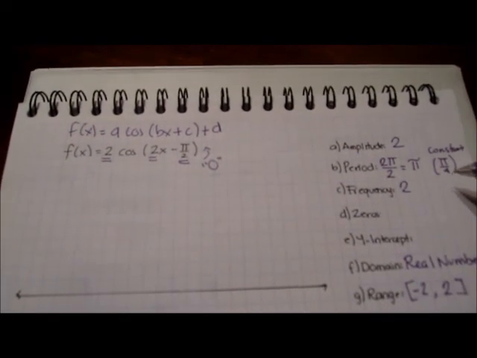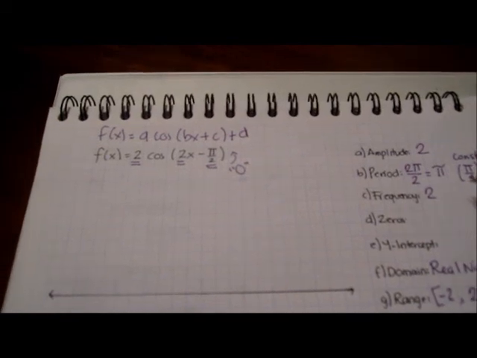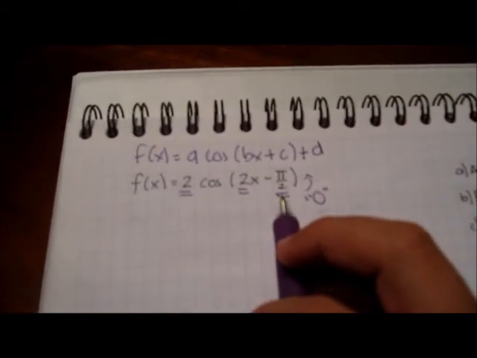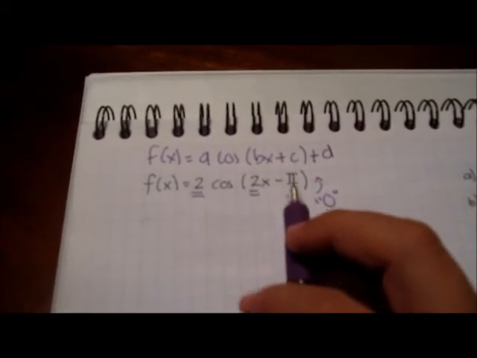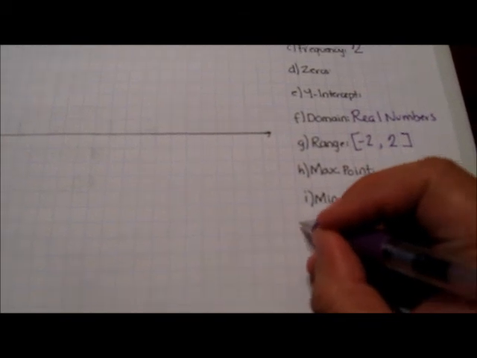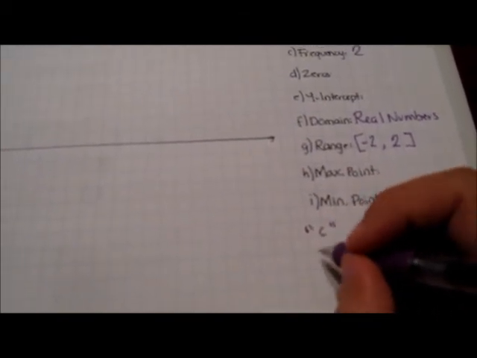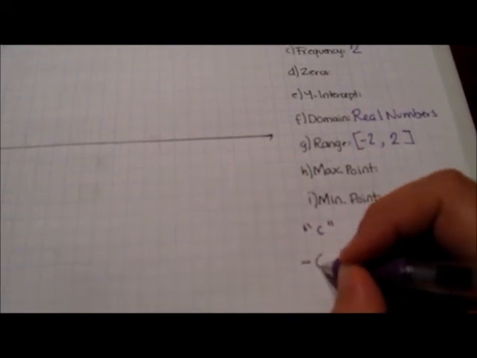So my first point this time is not going to be the quarter. Why? Because I have this little number, and yes, it includes a pi. Remember, in order to get the first point, I need to use a formula that equals negative c over b.